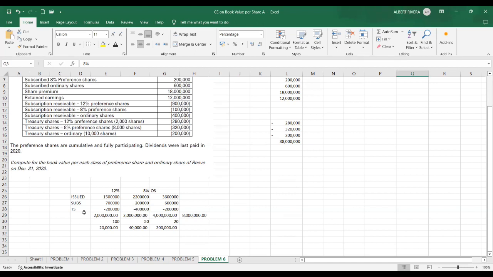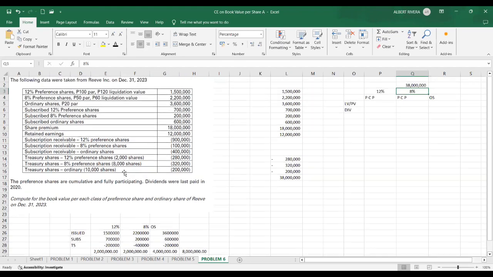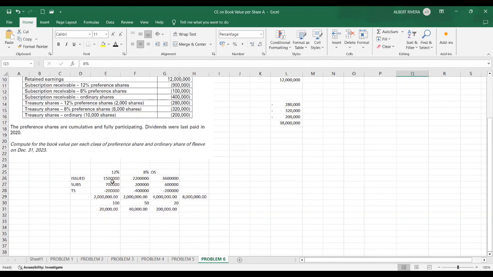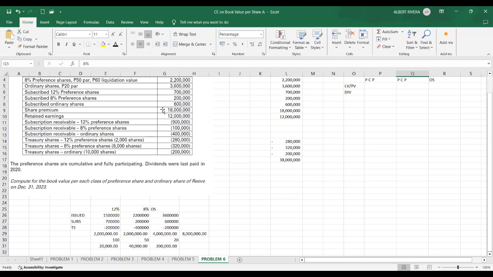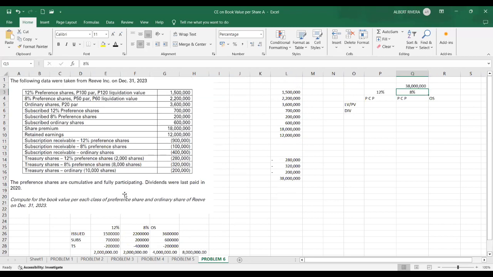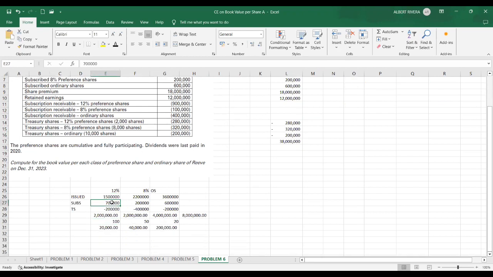We have the issued plus subscribed minus the treasury. So the aggregate par is what we need. So for 12%, this is 1.5. The subscribed shares for 12% subscribed, where is that? 700,000 minus the treasury on the 12%. So this is 200.